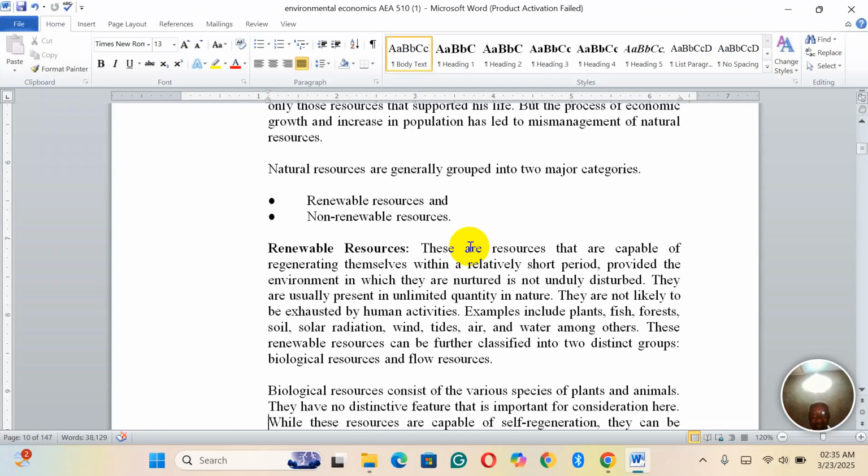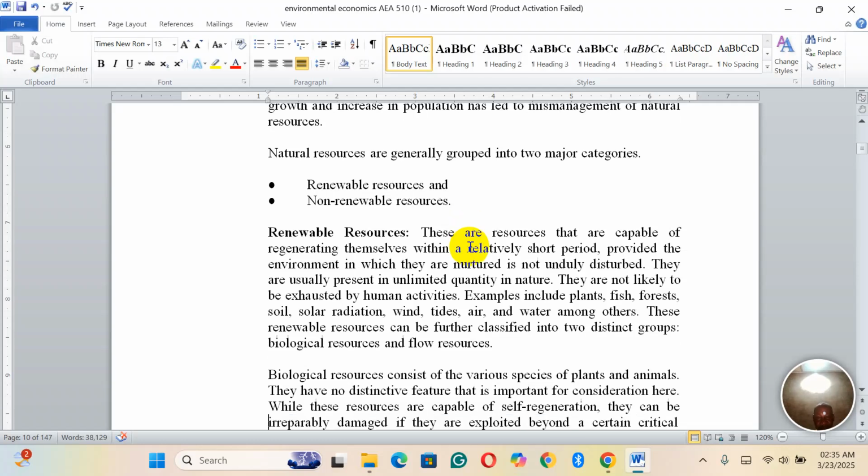Apart from the winds, tides, air, and water, amongst others, these renewable resources can be further classified into two distinct groups: the biological resources and the flow resources.